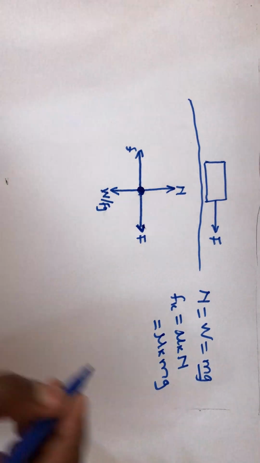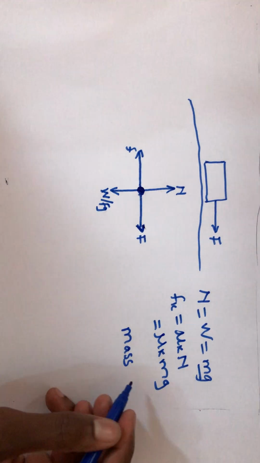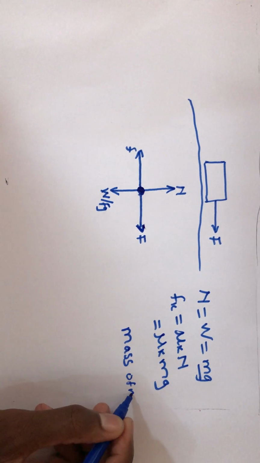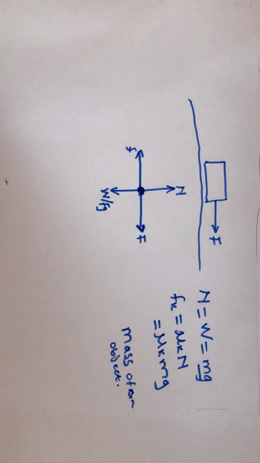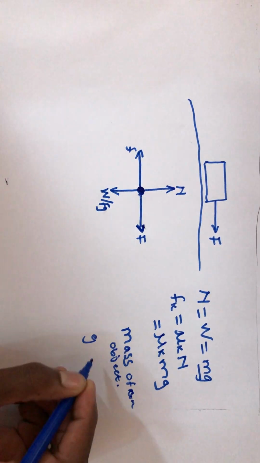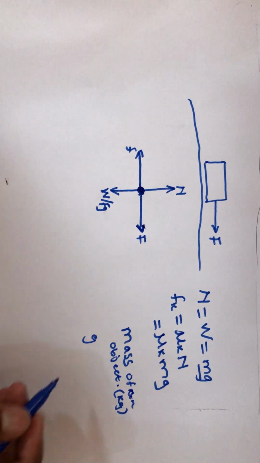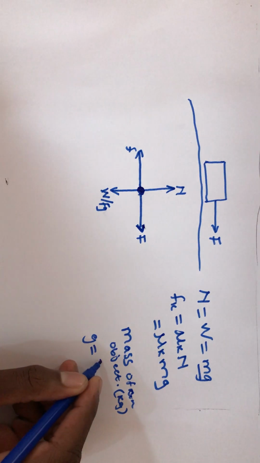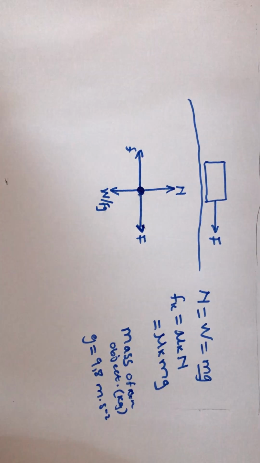So what is m? M is the mass of an object, in kg. Now what is g? G is always 9.8 meters per second squared.